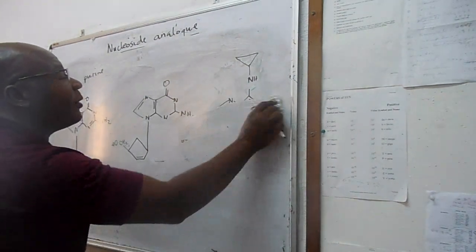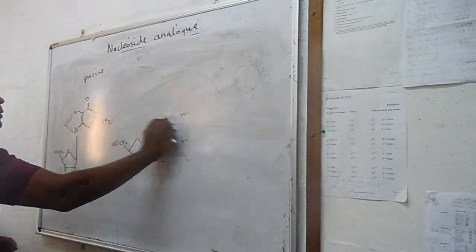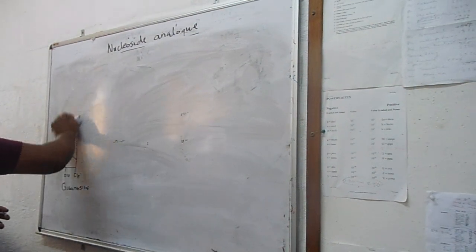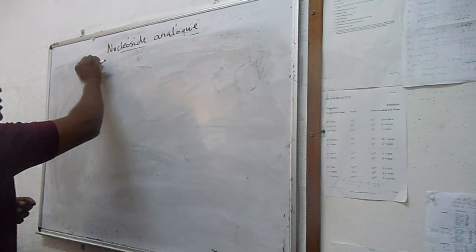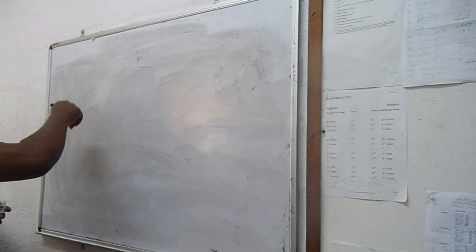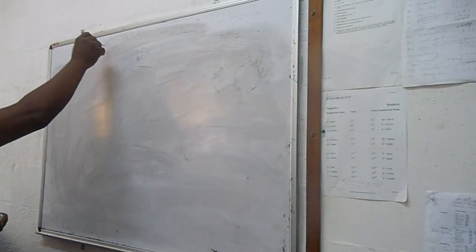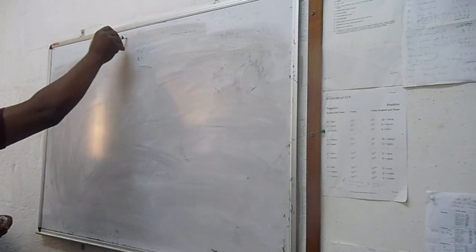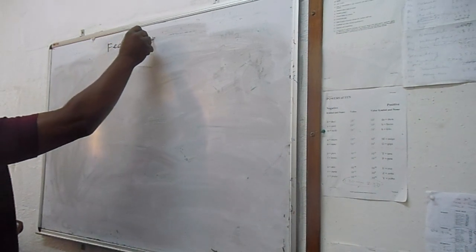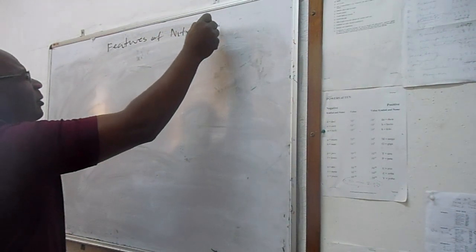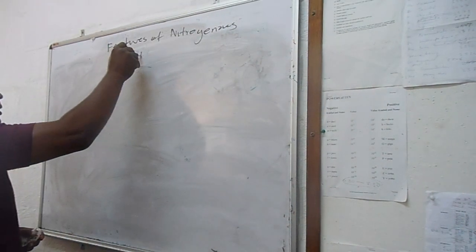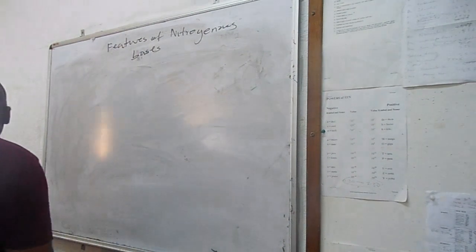Right, before we proceed, let's look briefly at the features of purines and pyrimidines. Before we go to nucleotides, let's look at the features of nitrogenous bases. What are the features?